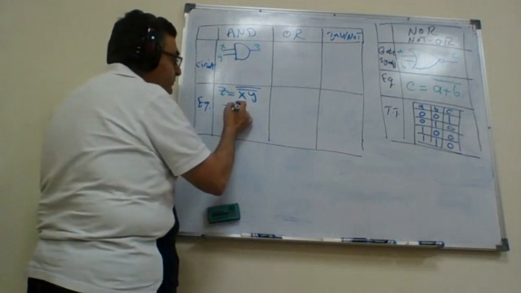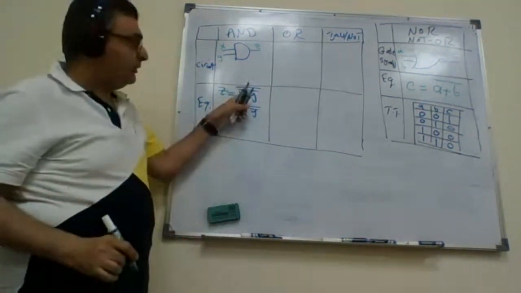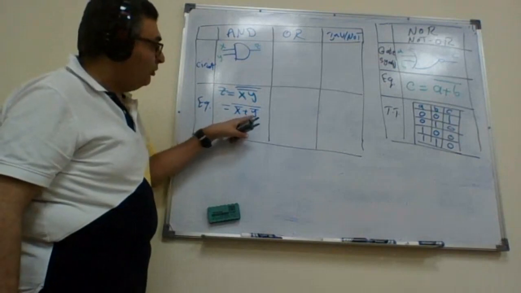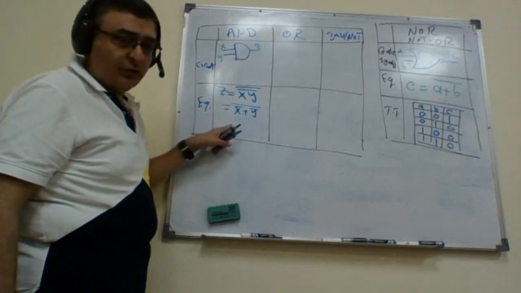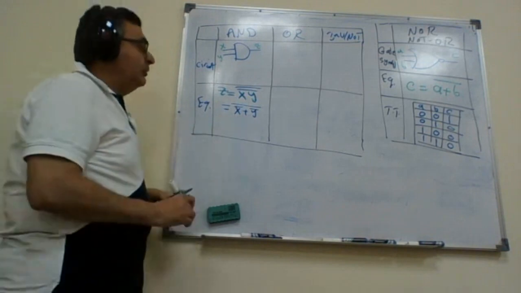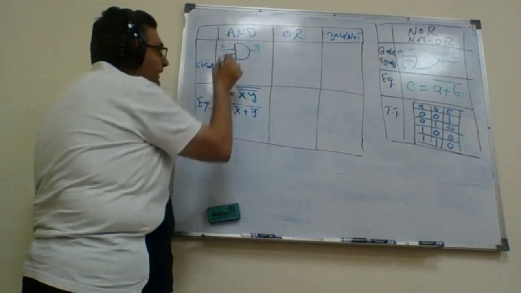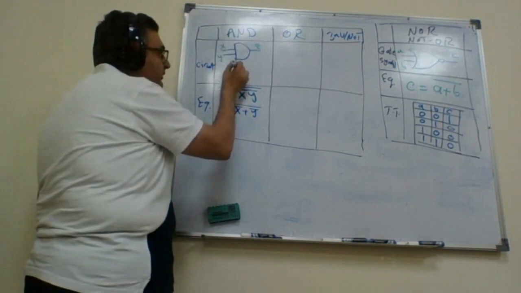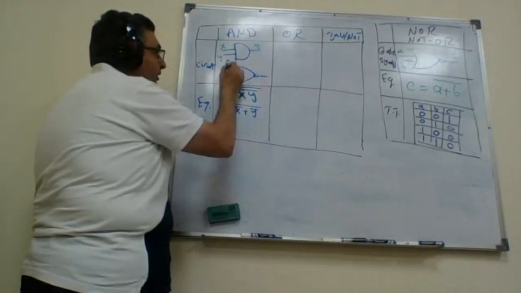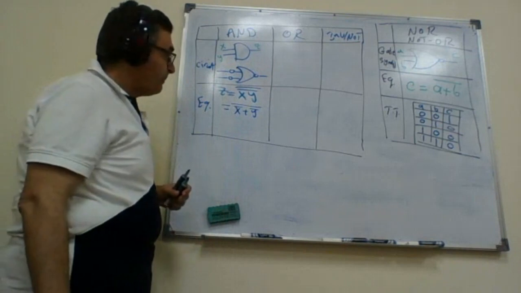So I get z equals x bar OR y bar, the whole thing bar. Only the inner bar is broken, which gives x bar or y bar. Now I have a NOR between x bar and y bar. So the equivalent for the AND is a NOR gate, but with inverters at the inputs of the gate.